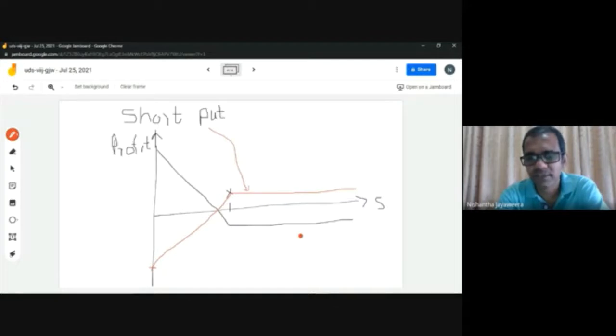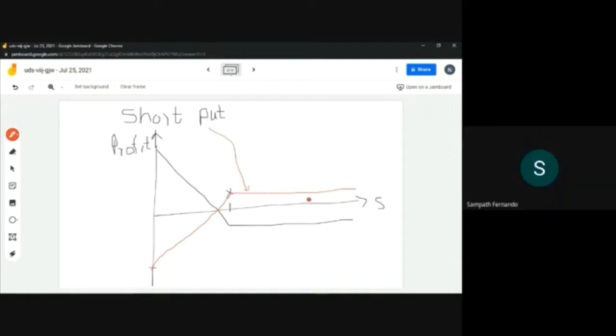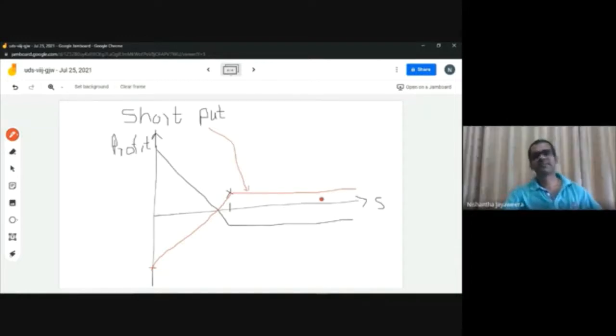What is the gain for the option seller, not the buyer?